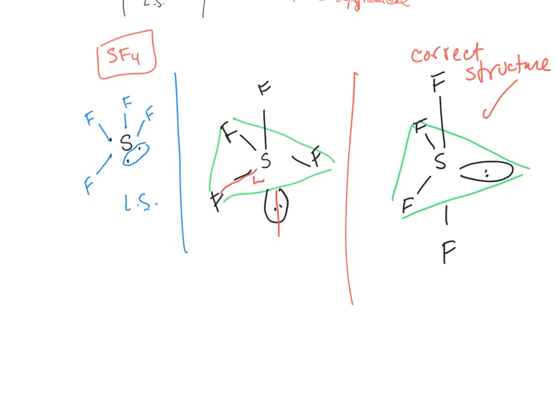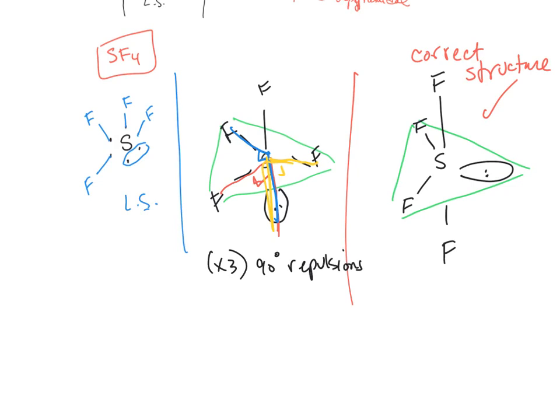So in other words, the FS lone pair bond is right angle because the lone pair is perpendicular. The FS lone pair, that is also 90 degrees because this triangle is perpendicular. And then this FS lone pair, that's 90 degrees as well. So this is 3 90-degree repulsions.